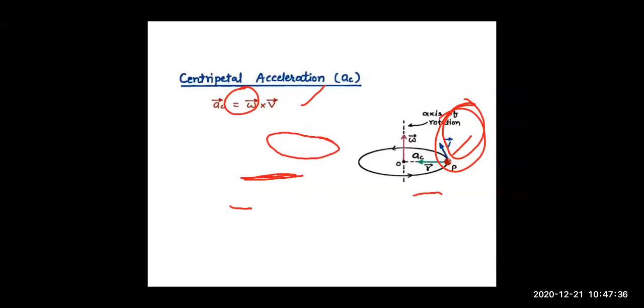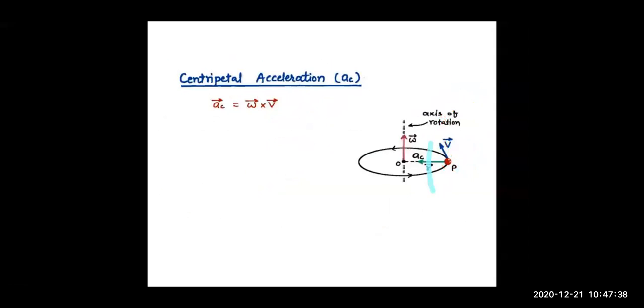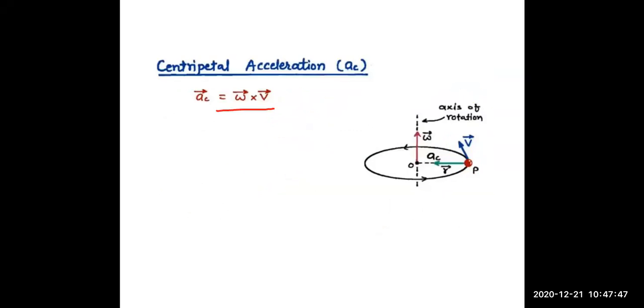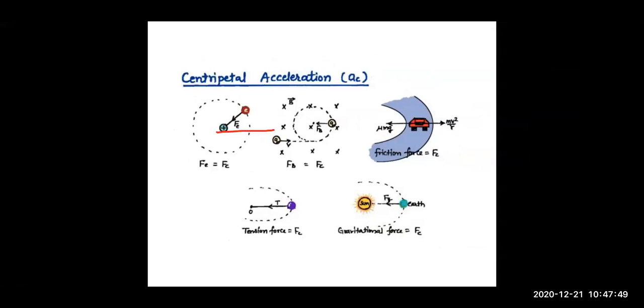Okay, next is centripetal acceleration. So centripetal acceleration, we know, is given by AC equals vector omega cross vector V, right? Now centripetal acceleration can be provided by different forces in different conditions. For example, in an atom, electrons are revolving around the nucleus, which has protons.